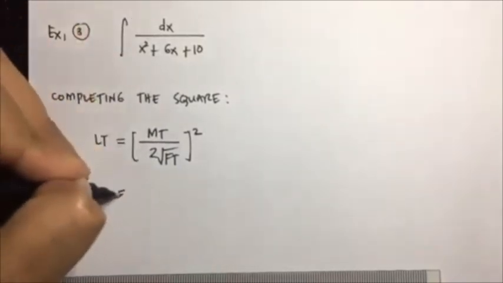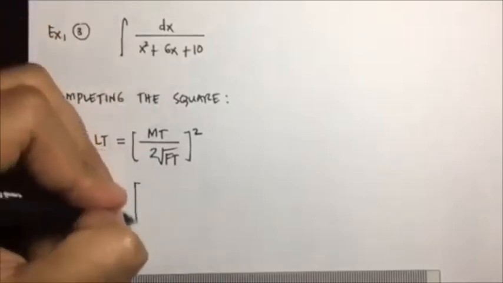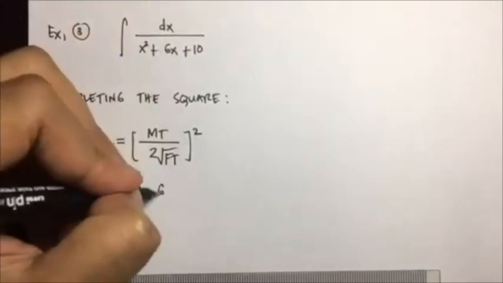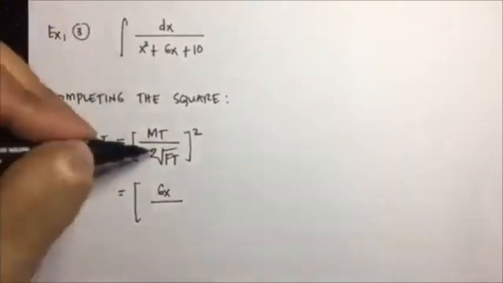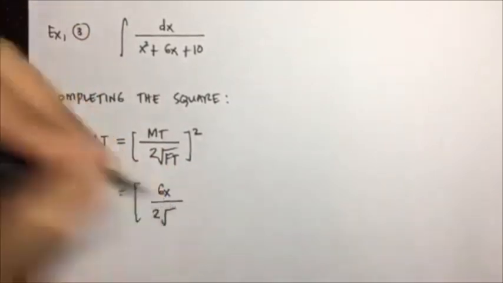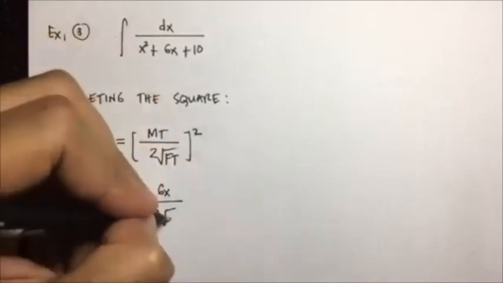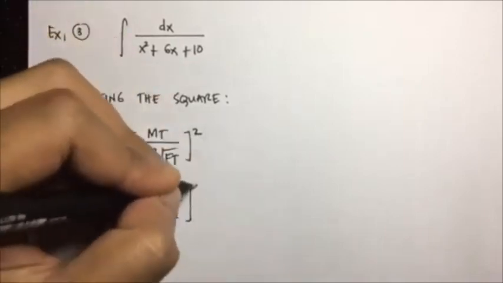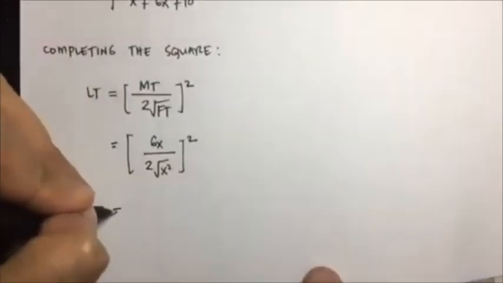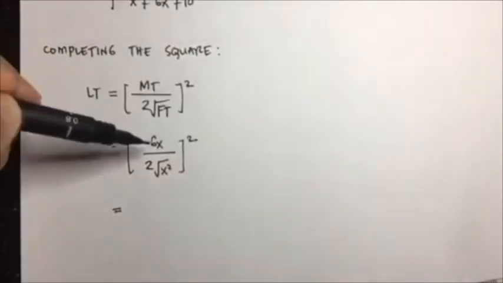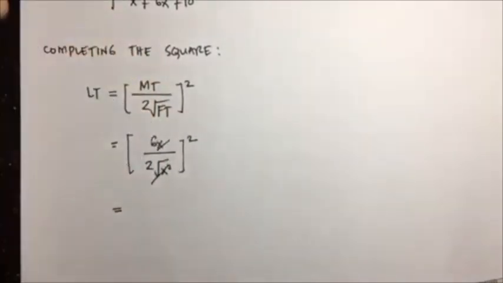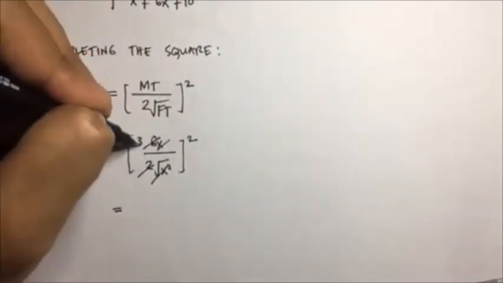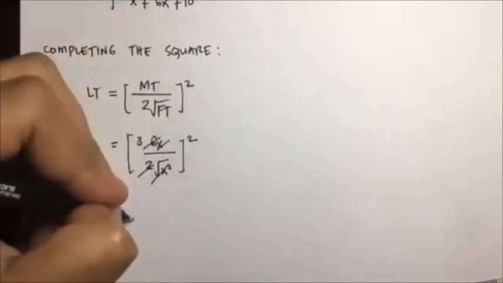The middle term here is 6x over 2 square root of the first term, which is x squared, and then squared. If we simplify this, x over square root of x squared cancels out, and 6 over 2 is 3, so 3 squared is 9.